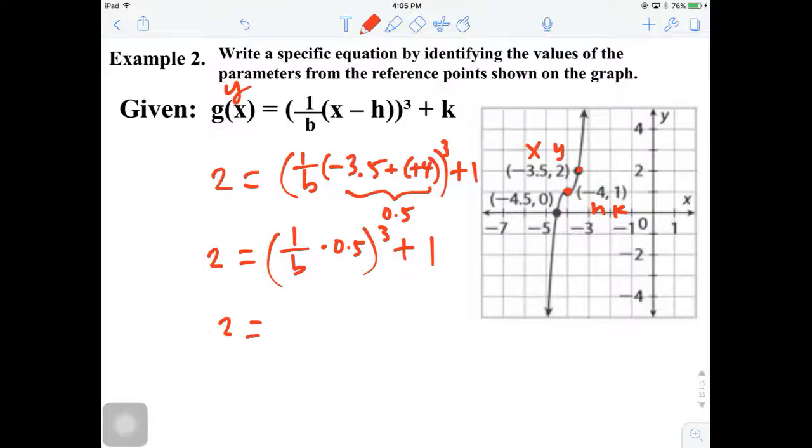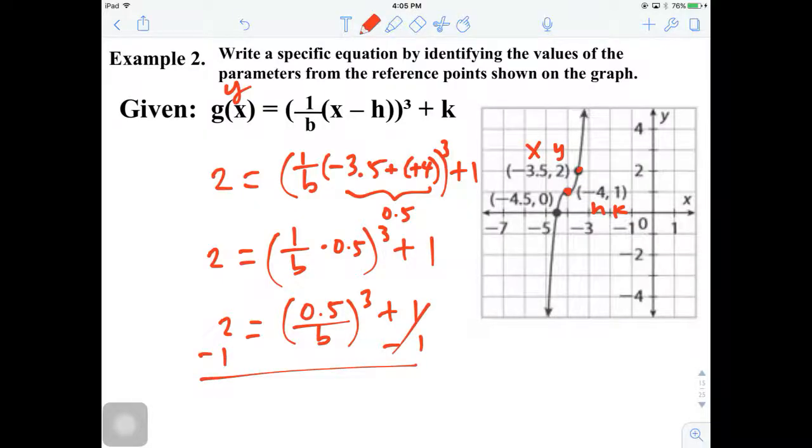So I'm going to rewrite the 0.5 on top of b, and we're still going to cube that, plus 1. Subtracting the 1 from both sides, I need to isolate that so I can have 1 equals 0.5 over b, and then cube.